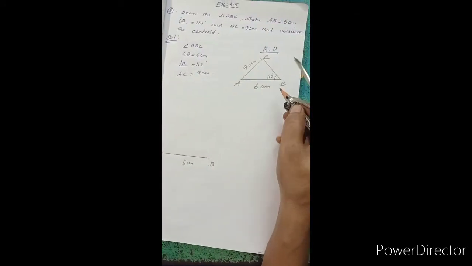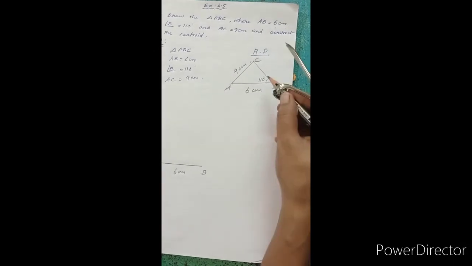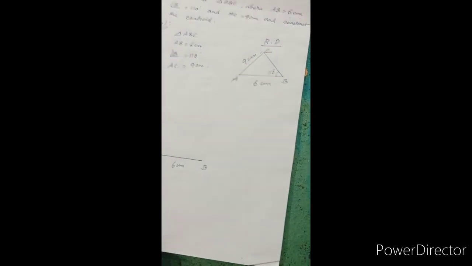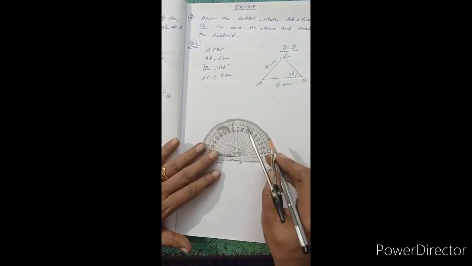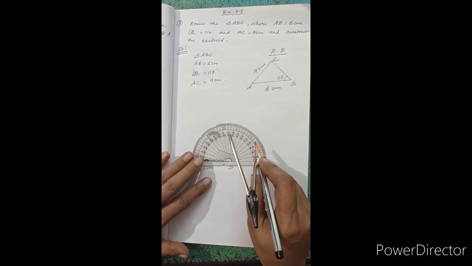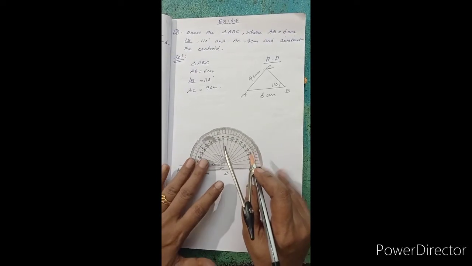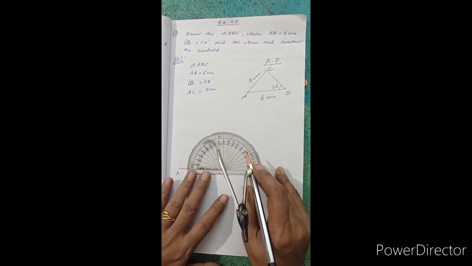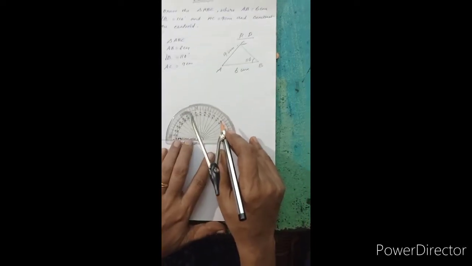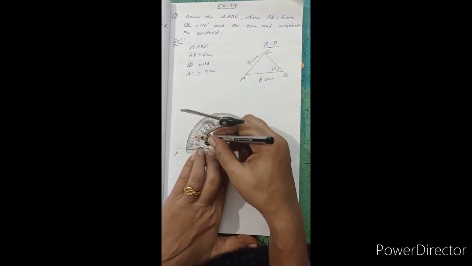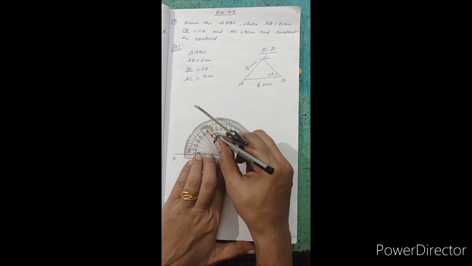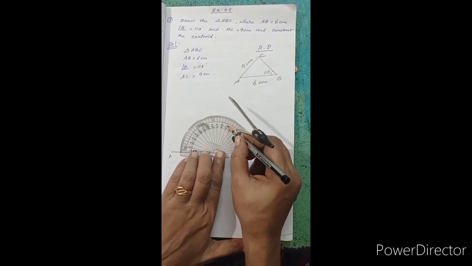Now at B construct angle 110 degree, that is obtuse angle. So mark that angle carefully. So locate a protractor at B. This side you should count from 0, 10, 20, 30, 40, 50, 60, etc. up to 110.